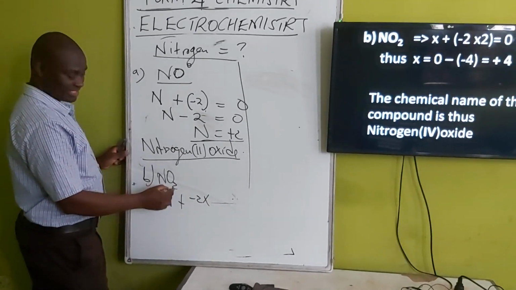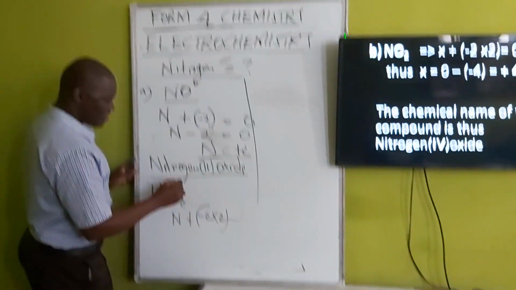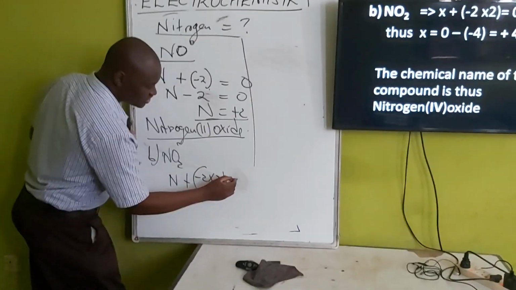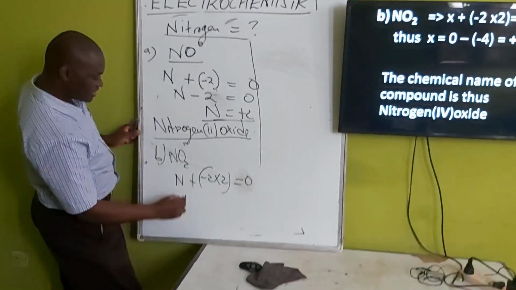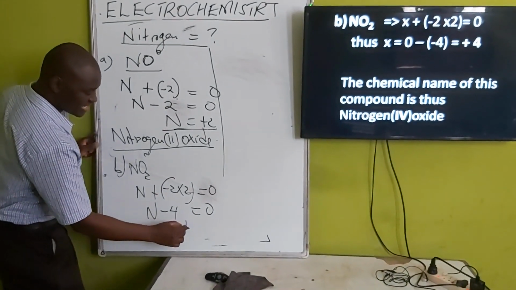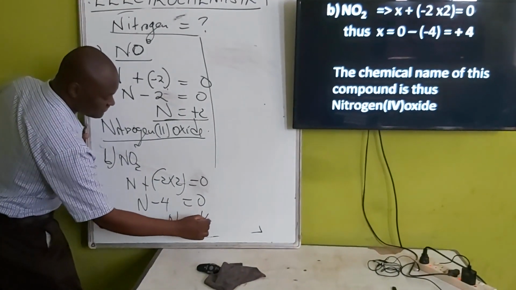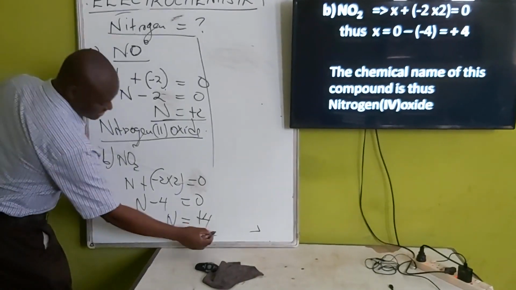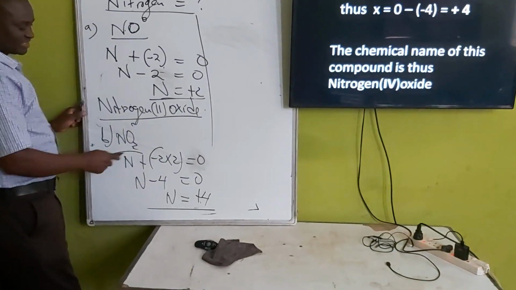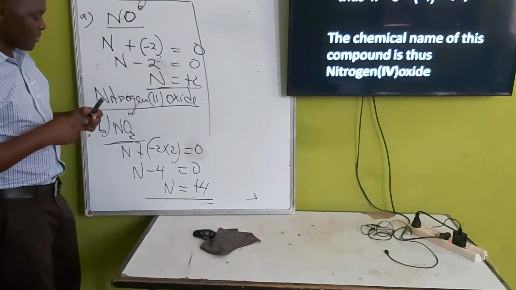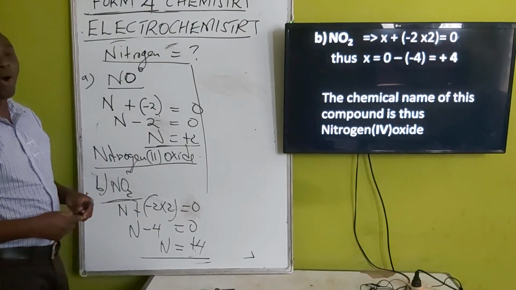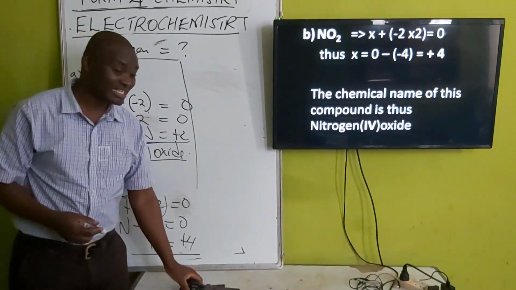How many are they? They are 2. The overall charge is 0. So it will be nitrogen -4 is equal to 0. Nitrogen is equal to +4. So this one is called nitrogen 4 oxide. Now you can see where this +4 is coming from. Nitrogen 4 oxide. That one you can see on the screen.